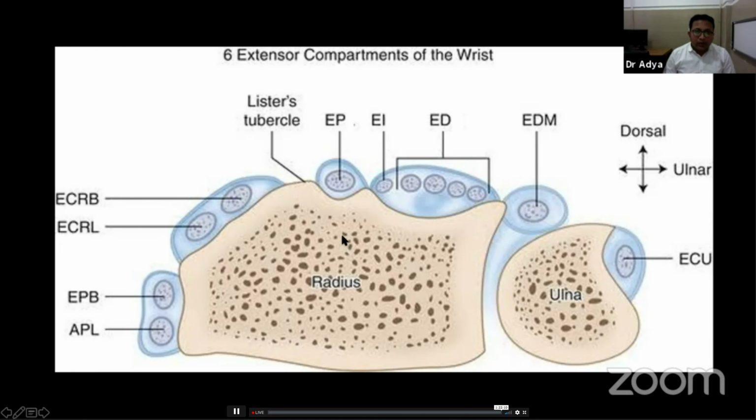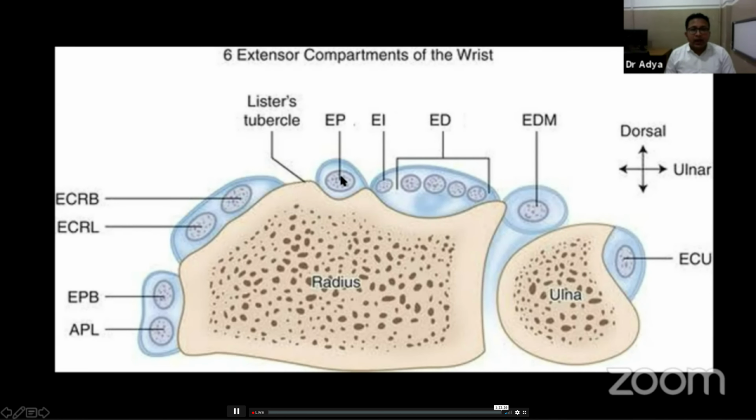I remember the number of tendons in the form of a telephone number, that is 221 211, from lateral to medial. So Lister's tubercle divides the second and third compartment tendons.